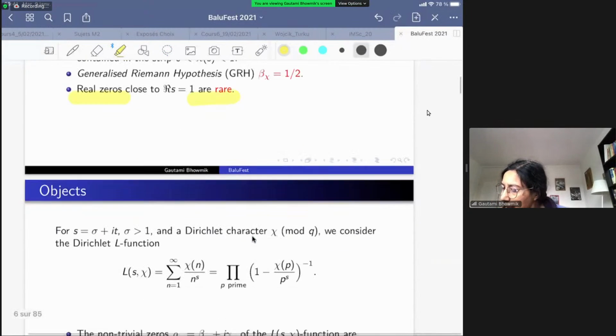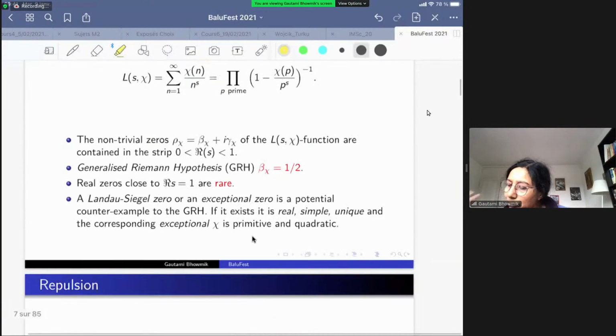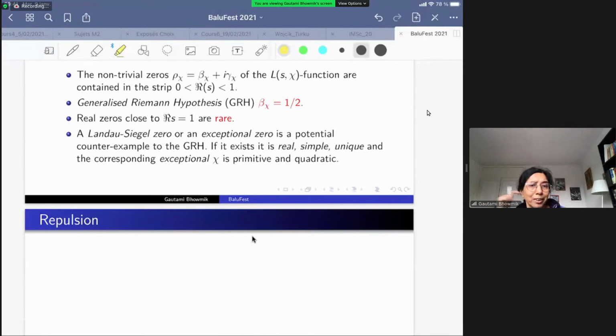Okay, so now suppose there is an exceptional zero. This exceptional zero is called Siegel zero, and some people have called it the Landau-Siegel zero, or sometimes an exceptional zero. This means that there is an exception to the generalized Riemann hypothesis.